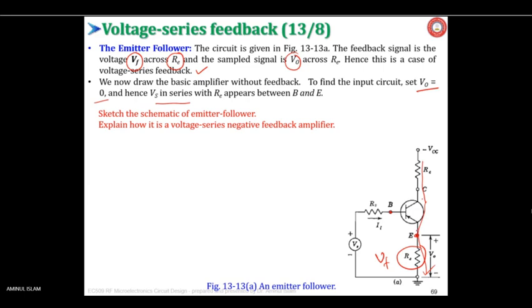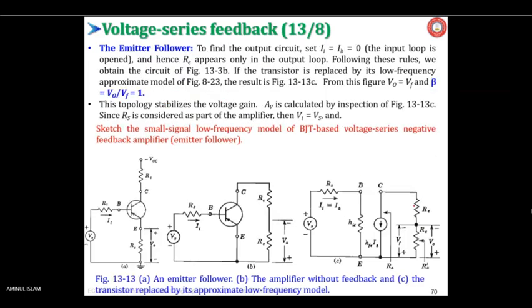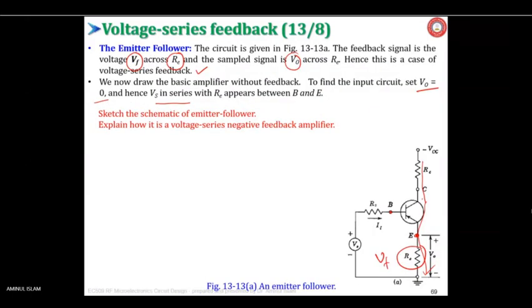Are you getting this point? Yes or no? No, sir. So how did it happen? See, how can a voltage V_O be made 0? Tell. A voltage, output voltage can be made 0 how?